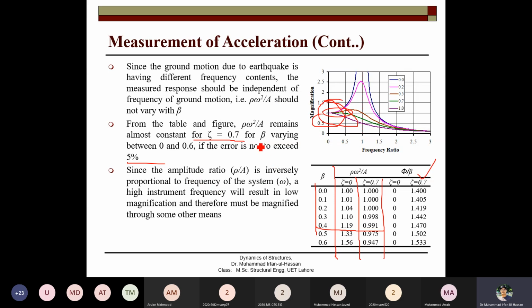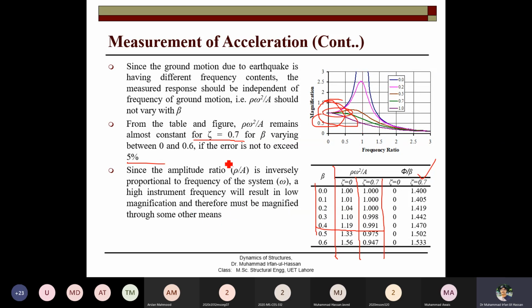So you can see that by setting these values of beta and zeta, you can measure the ground acceleration. Since this amplitude is inversely proportional to the frequency of the system, rho over A is inversely proportional to the frequency of the system. High instrument frequency will result in low magnification and therefore must be magnified through some other means.